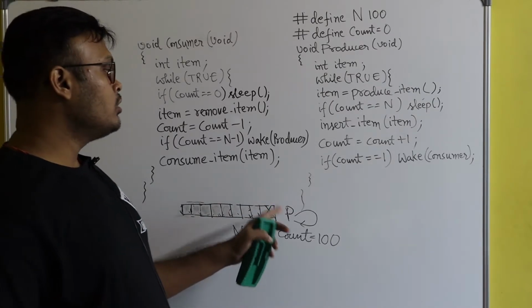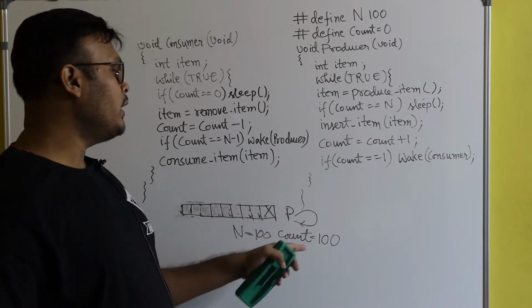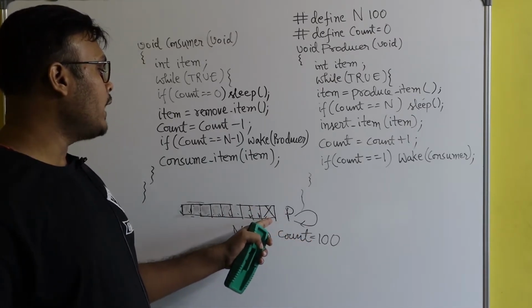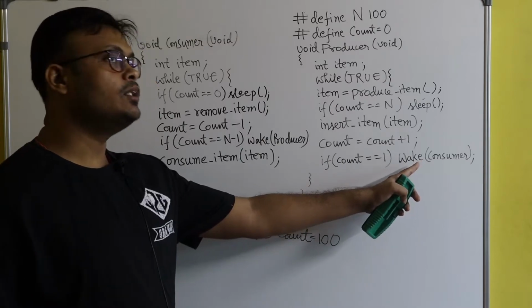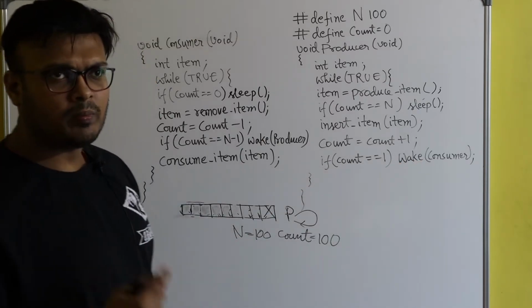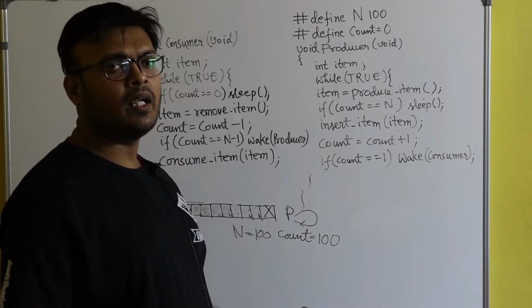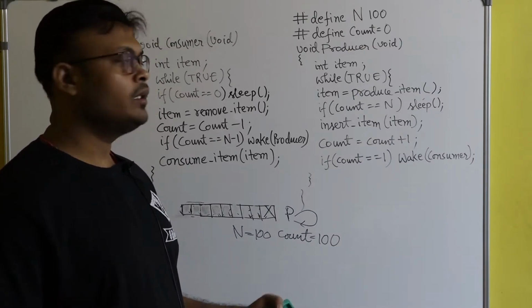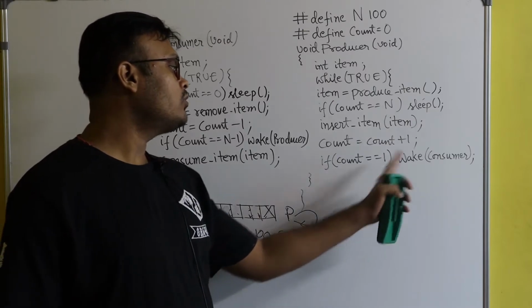So in order to consume this item, the producer is waking up the consumer. Because even if one item is present in the buffer, the consumer can consume it. No problem is there.